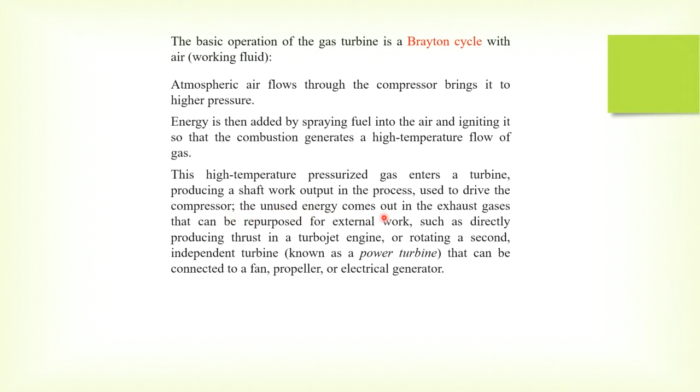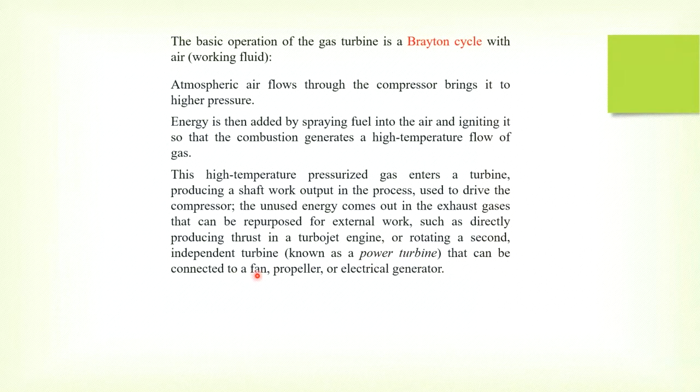The unused energy comes out in the exhaust gases that can be repurposed for external work, such as directly producing thrust in a turbojet engine, or rotating a second independent turbine known as a power turbine, which we will be dealing with very soon.